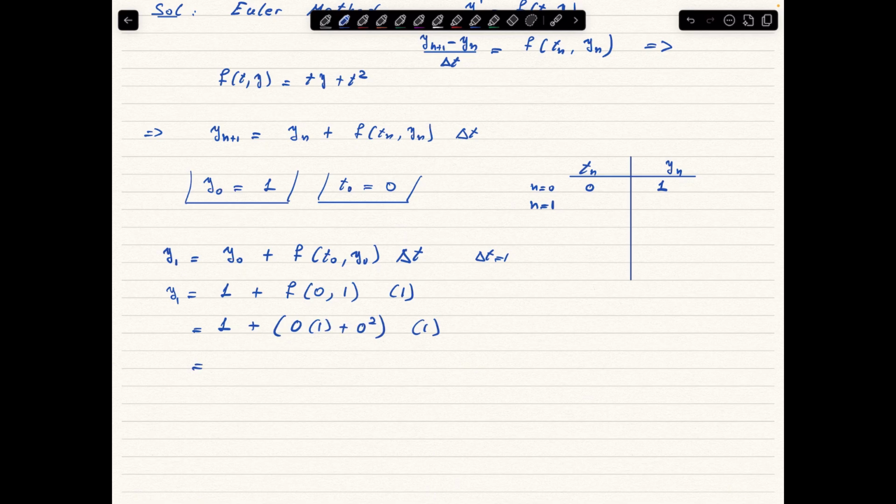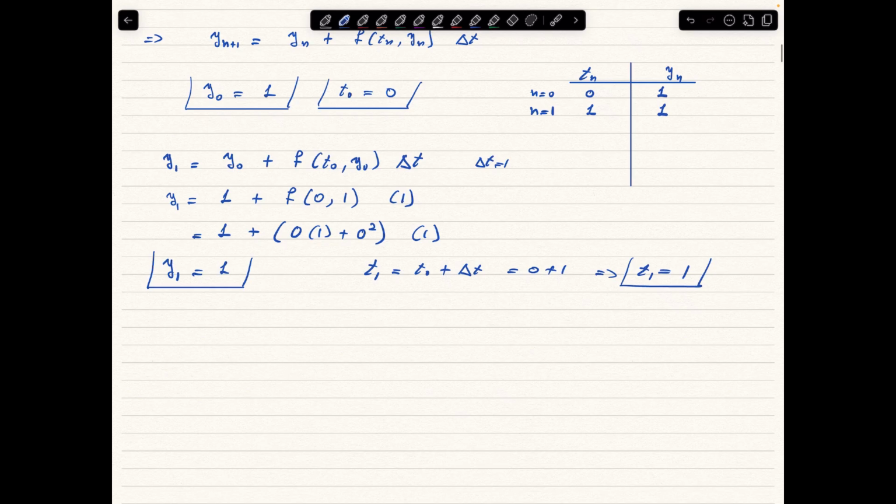So obviously that is 0, and this is 1, so y1 is 1. And recall now that t1 is t0 plus delta t, so it's 0 plus 1, so t1 now is 1. So here we have 1 and 1. So the y_n didn't change when we move from y0 to y1. Okay, let's do y2.